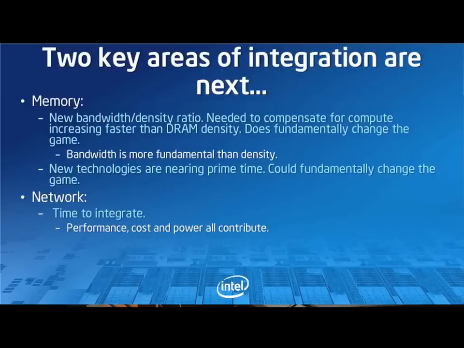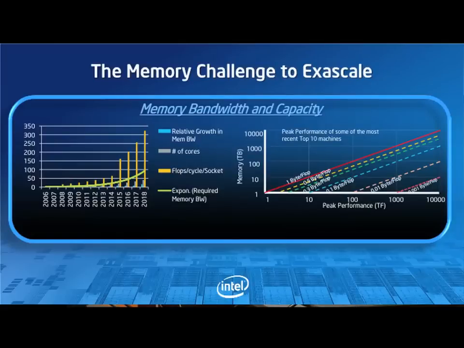So these curves here are a little bit hard to read, but the one on the left basically shows the exponential increase in computational capability per processor, and the required bandwidth to support that computation. And then what you see underneath it is the actual delivered memory bandwidth that is being fielded in systems.